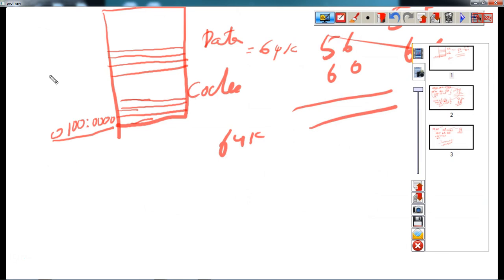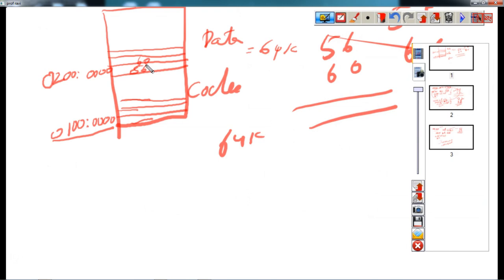And then I want to place my data somewhere at 0200:0000. Here I copy the first byte 56 and then 60.